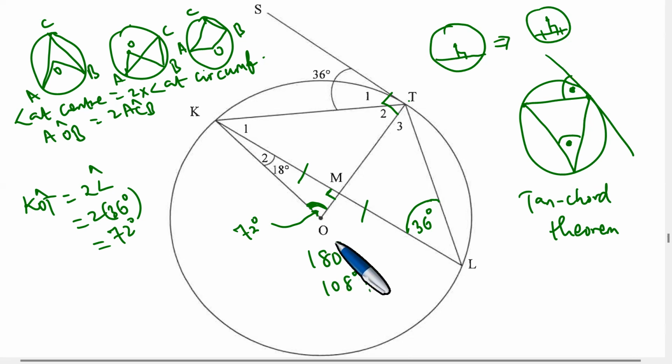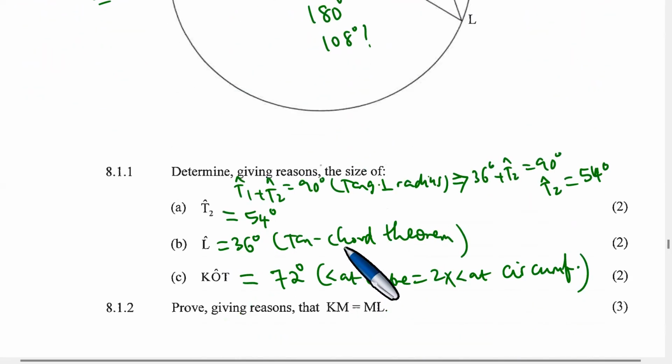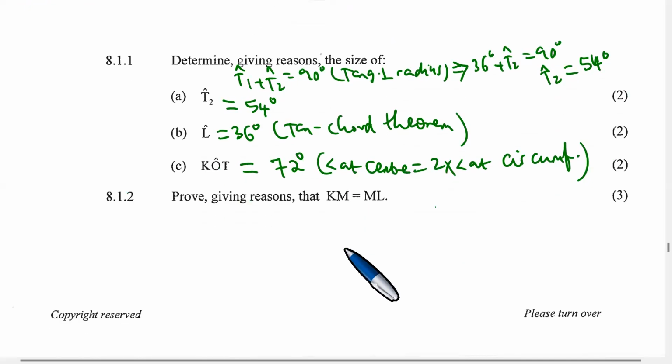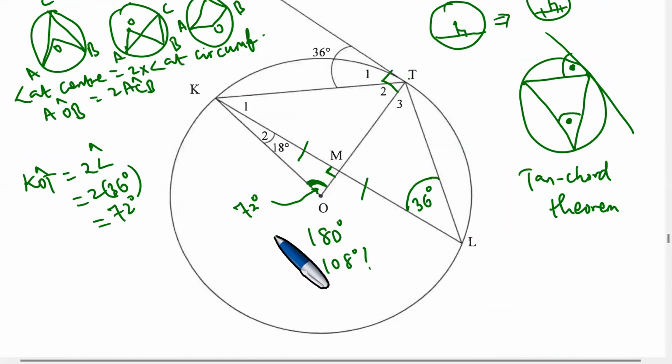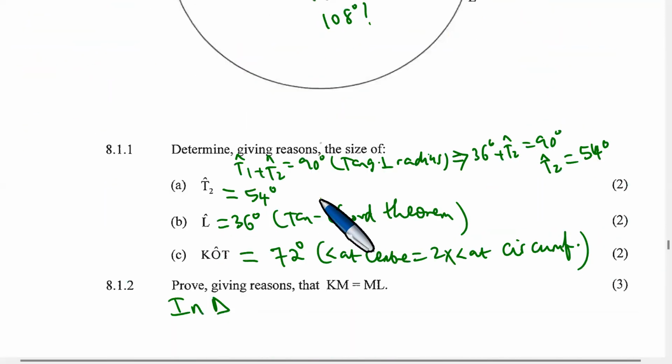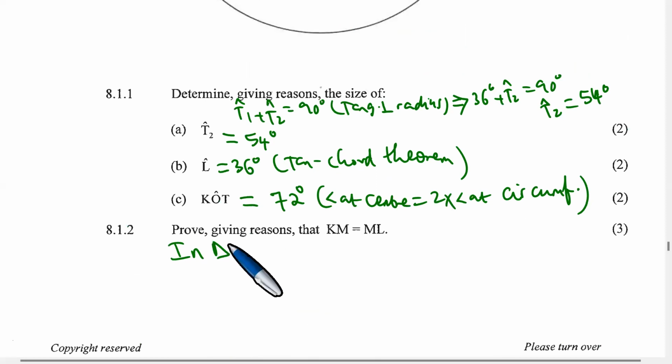So when I say in triangle KMO, what do we have in that triangle KMO?